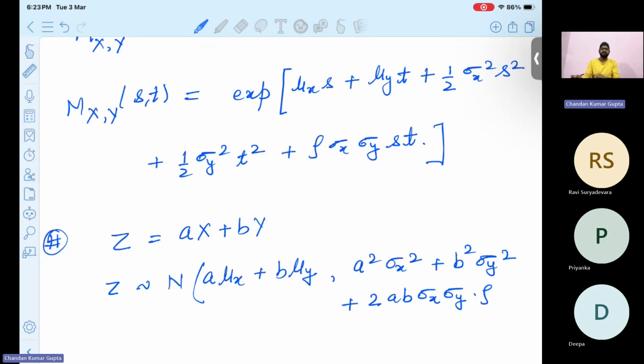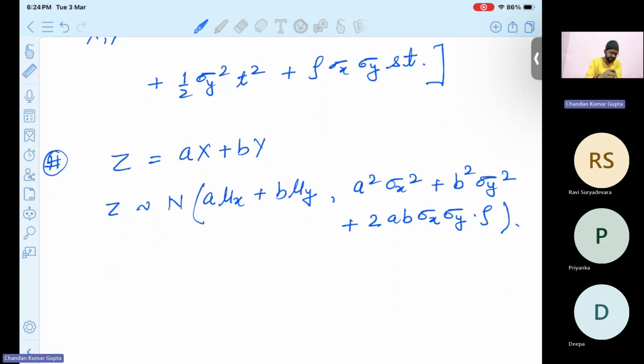Here a and b are the coefficients for x and y respectively, sigma x and sigma y are the standard deviations of the random variables x and y, and rho is the correlation coefficient. So these are some of the properties of the bivariate normal distribution. From normal to normal, we remain within the normal.